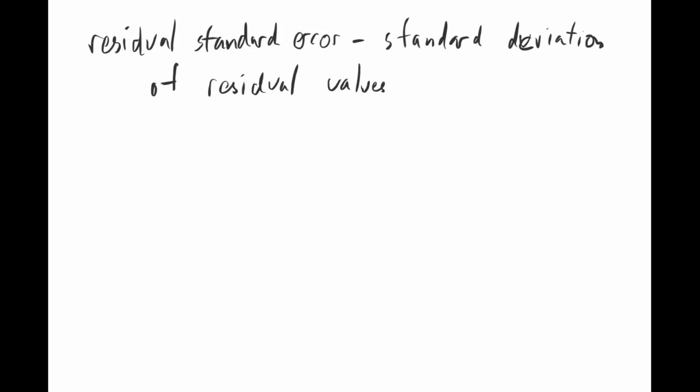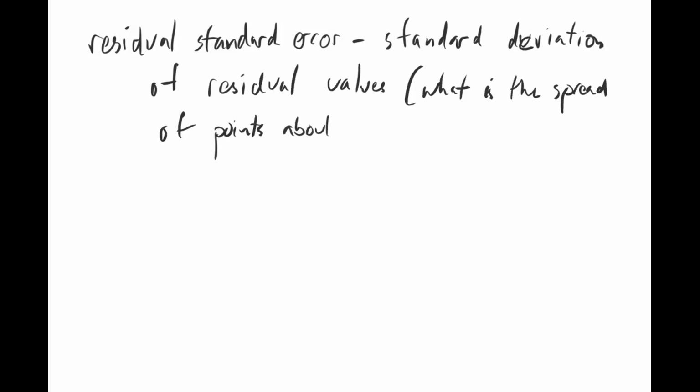Okay, and so what does that mean? Qualitatively, we can think of this as the spread of points about the regression line. I'm going to write the equation just for your reference. It's not something that you have to memorize.